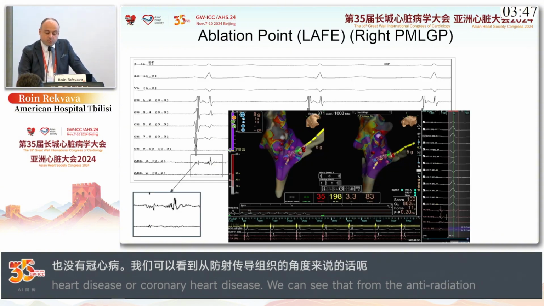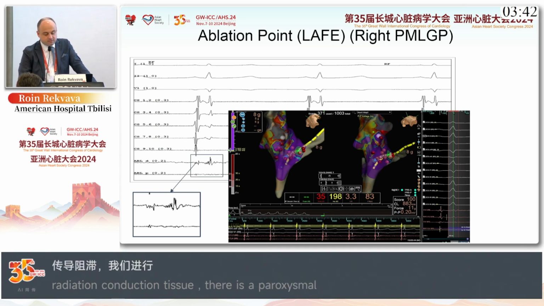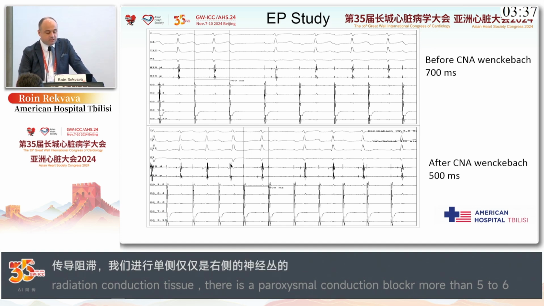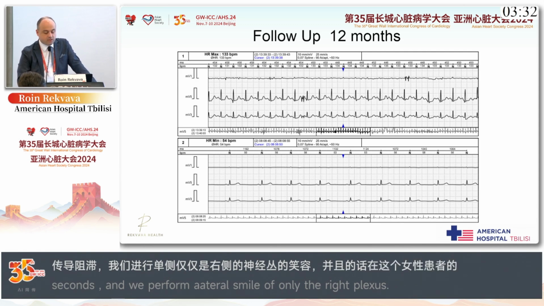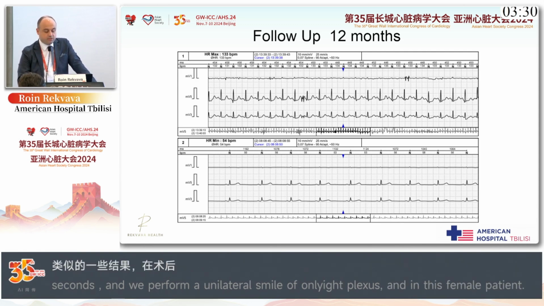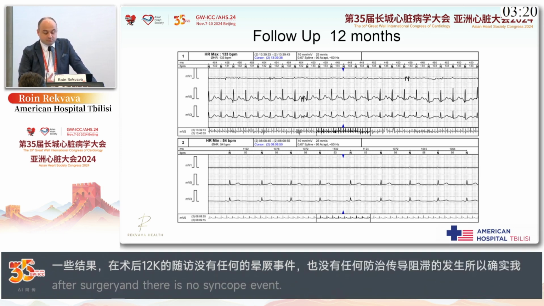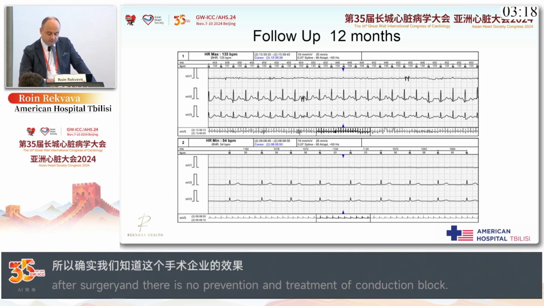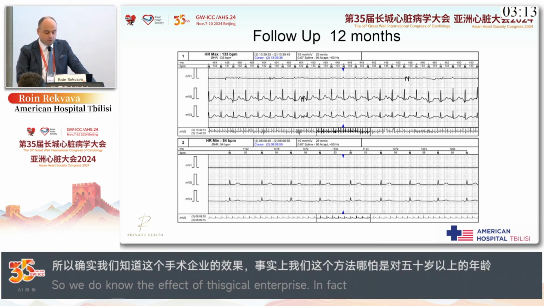We performed monolateral, only right-sided ganglionated plexi ablation, and had more or less the same result. She has not had even a single episode of syncope or AV block after ablation, so we understand that it works. This method works in people more than 50 years old without any structural heart problems.